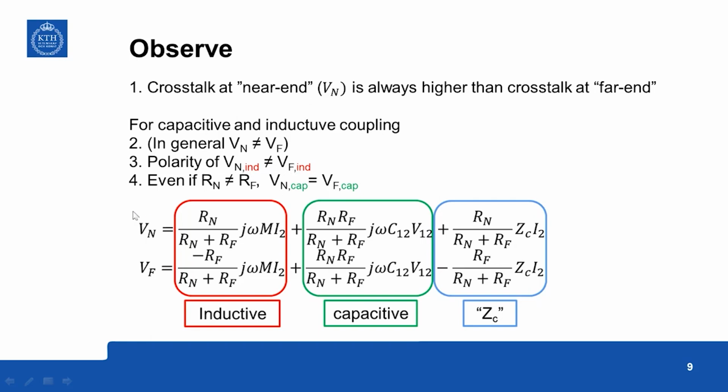They are opposite polarity. Even if Rn is not equal to Rf, the components of Vn and Vf due to capacitive coupling alone will be equal.